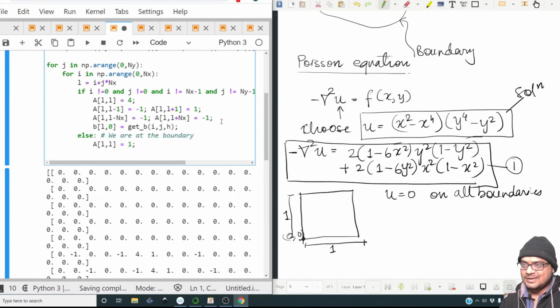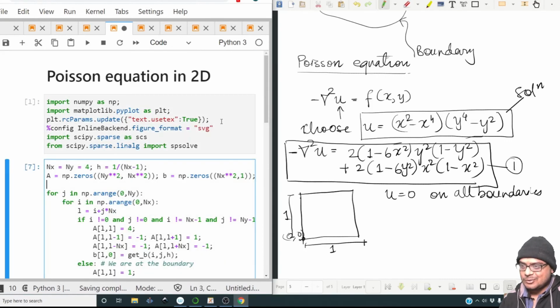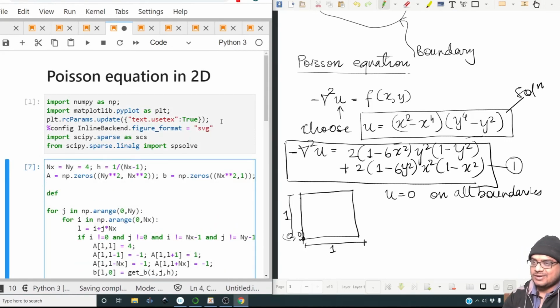It's quite easy. So let me go over here and define getB, and the inputs will be i, j, h.